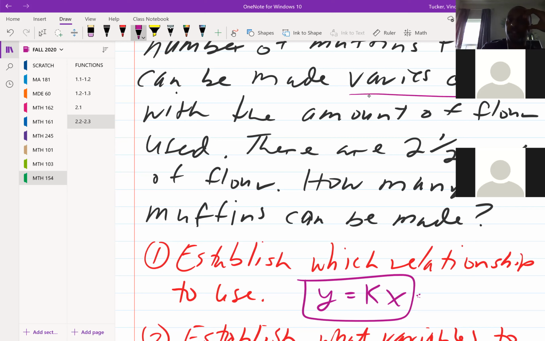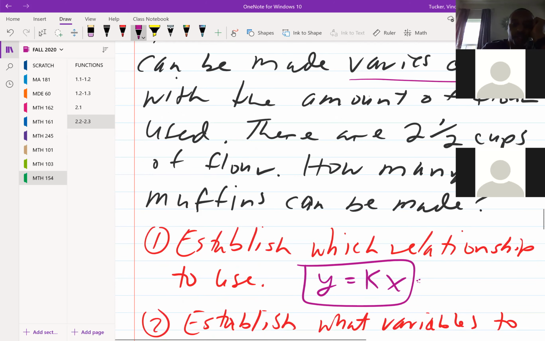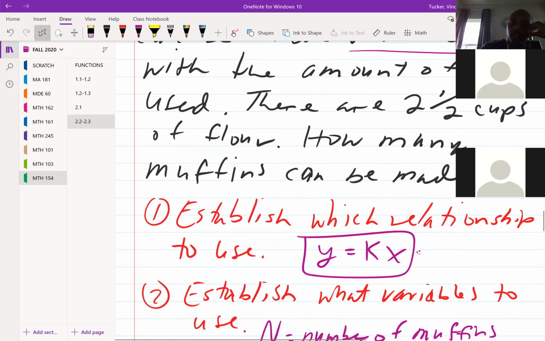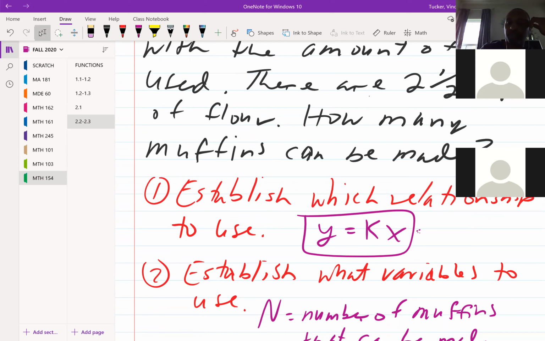And your key phrase here is varies directly. So that means you're going to use y equal to kx, that type of relationship. Remember, if it said varies inversely, you would do y equal to k over x. Next you're going to establish what variables to use.